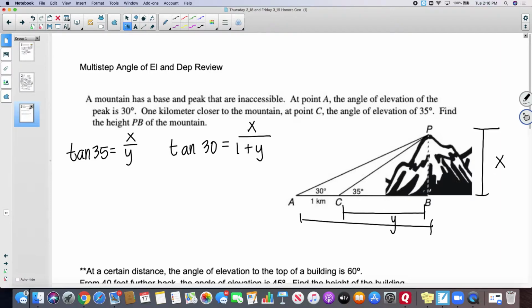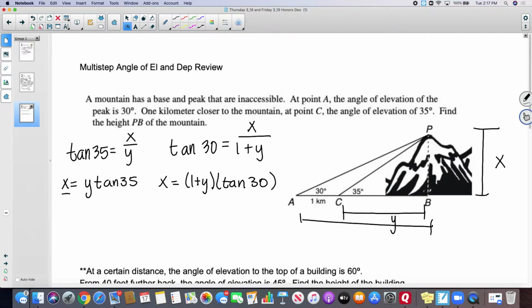Okay, so x is what I want by itself. So I'm going to say x equals y tan 35. And here, x is going to equal 1 plus y tan 30.